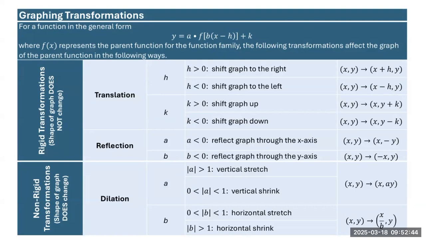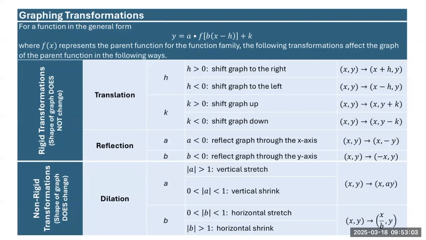It can be square root functions like we're talking about today. It can be polynomial functions. It can be rational functions. It can be trigonometric functions. Any kind of function has what we call a parent function to it, and that is the simplest form of that function.